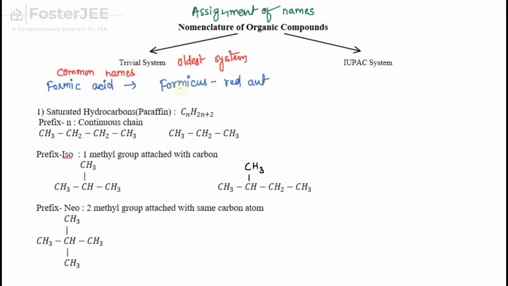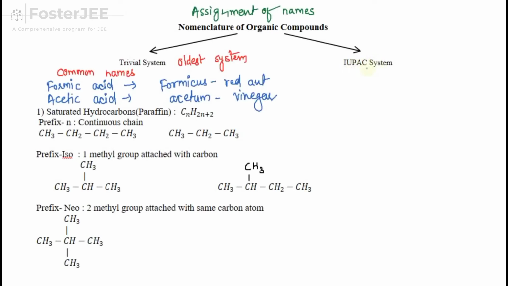That is why the common name of formic acid is derived from formicus. Now another example is acetic acid. It is derived from the Latin word acetum, which means vinegar.